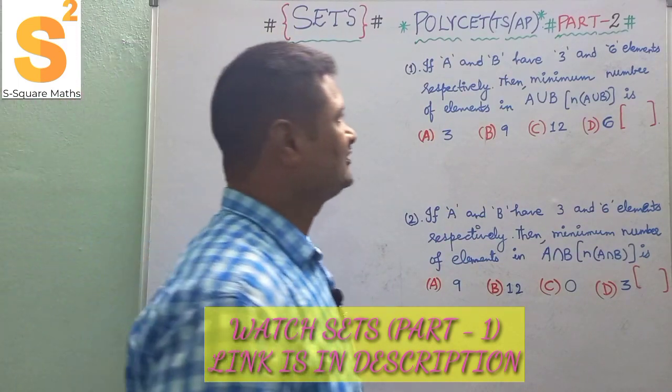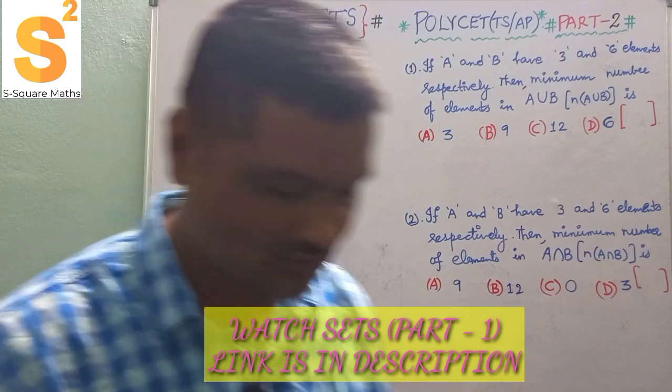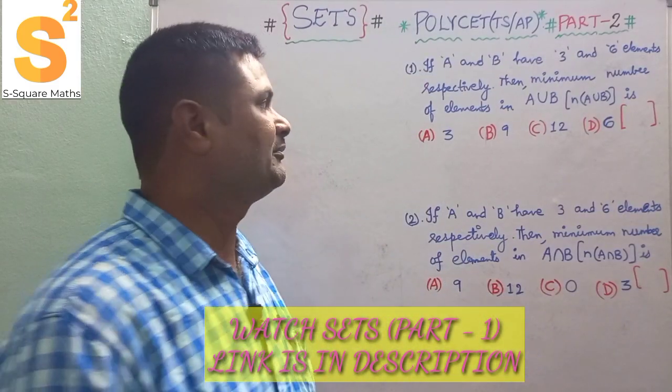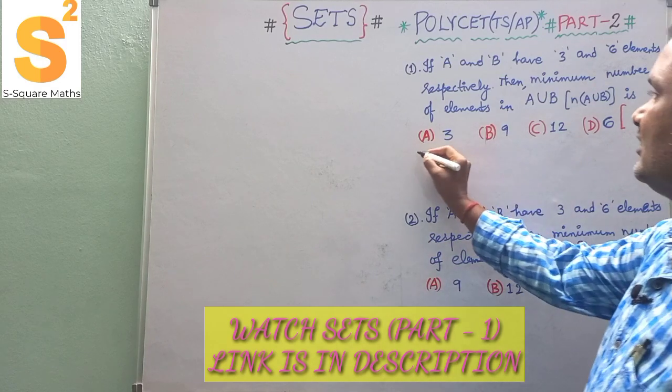If A and B have 3 and 6 elements respectively, then the minimum number of elements in A union B. So they are asking the minimum number of elements in A union B. Okay, so let us write here.